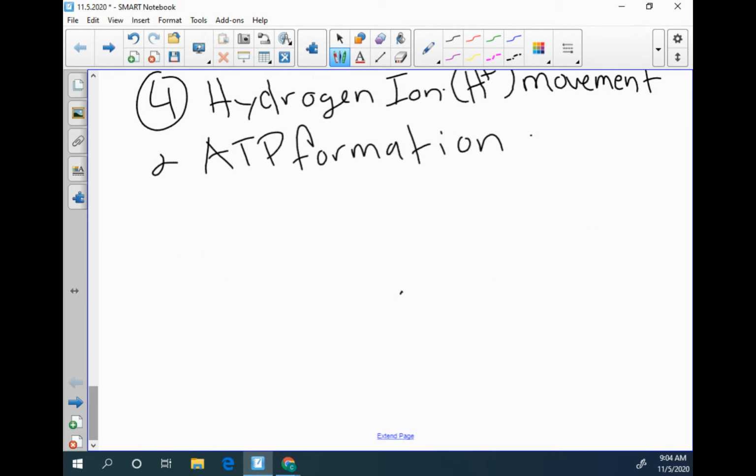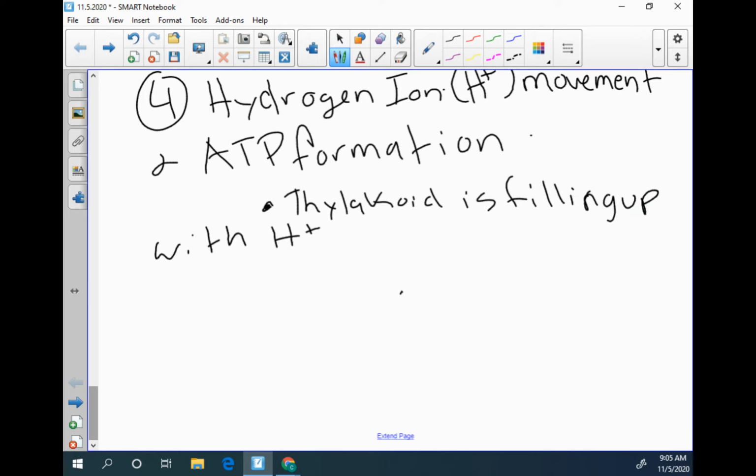So, right now, our thylakoid space is filling up with hydrogen ions. As our first electron transport chain keeps pumping in hydrogen ions and we keep splitting water, our thylakoid is filling up with hydrogen ions.